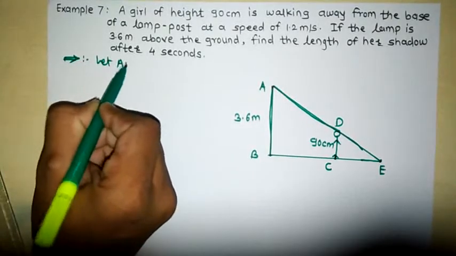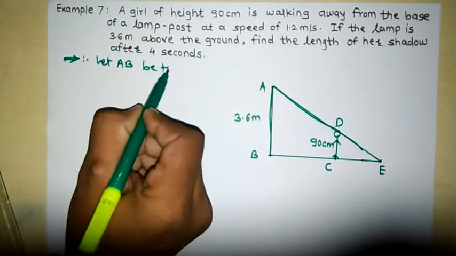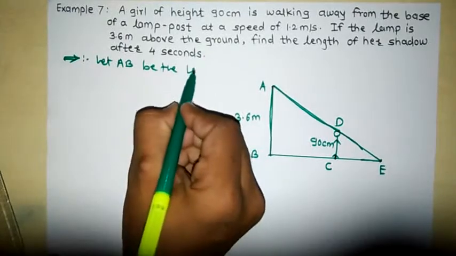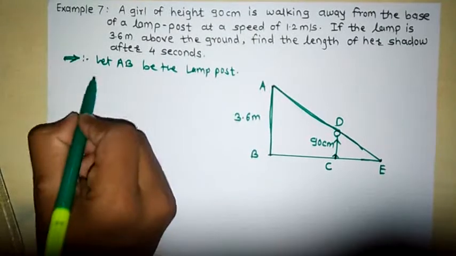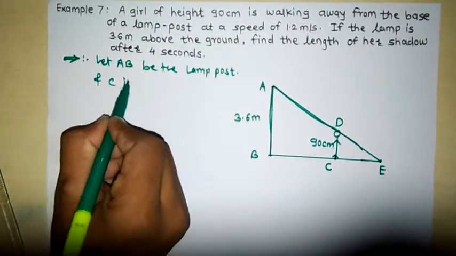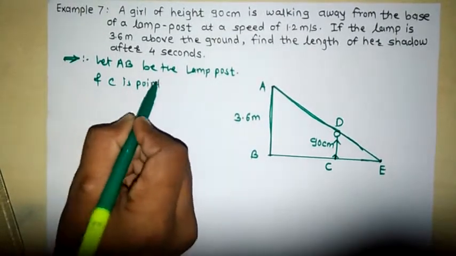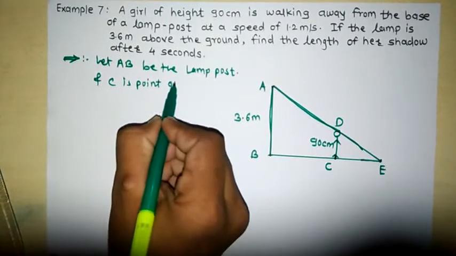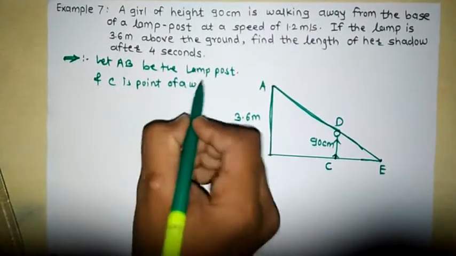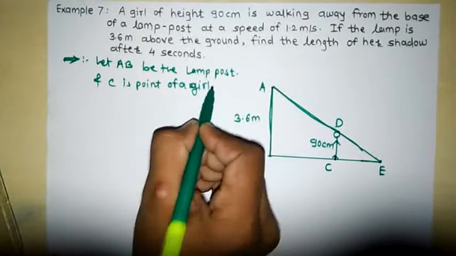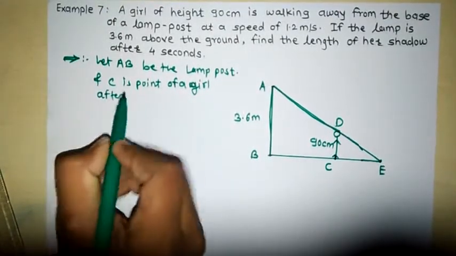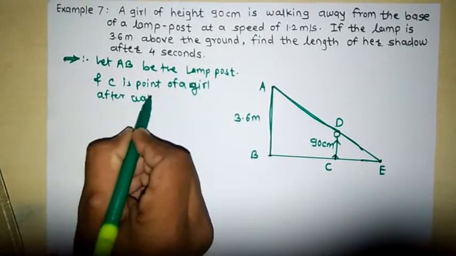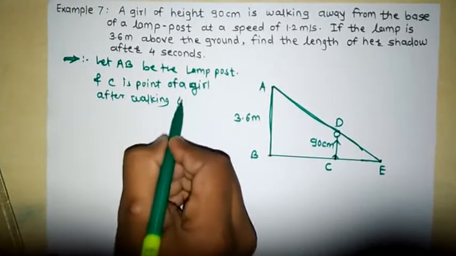Let AB be the lamp post, and C is the point of the girl after walking 4 seconds.